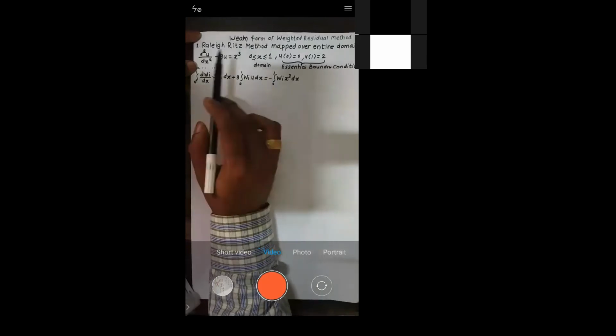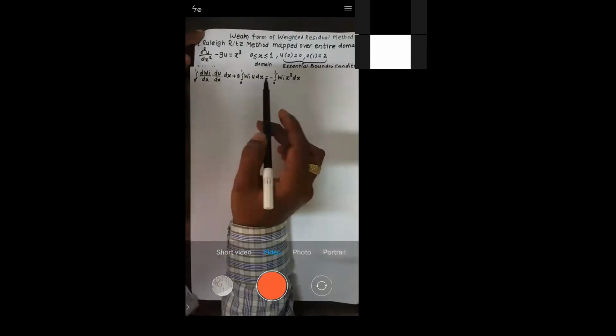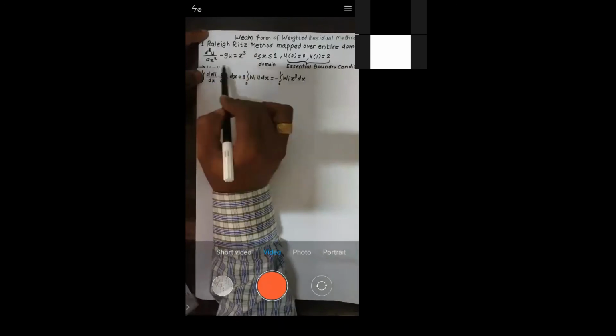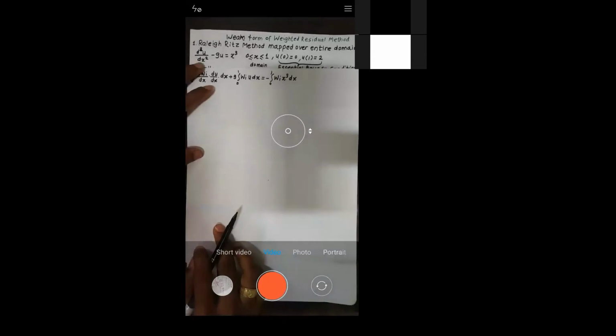That means what exactly we have done? What is the order of this differential equation? 2. Now, what is the order of this equation? 1. Right? So what you have done?